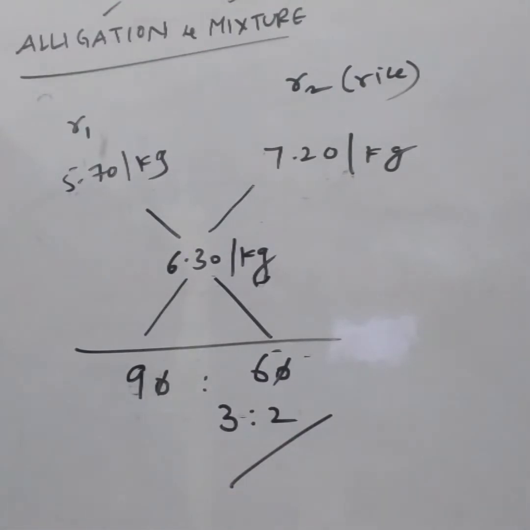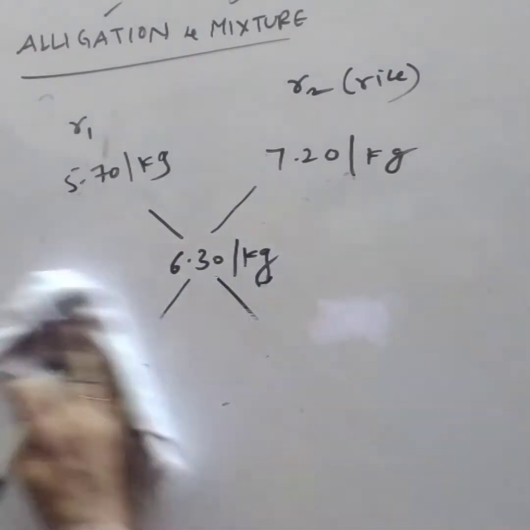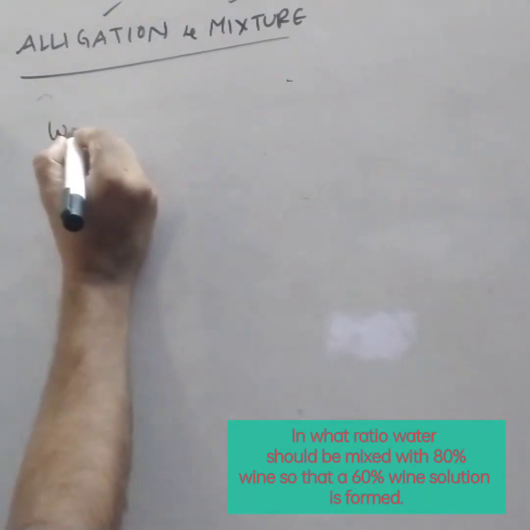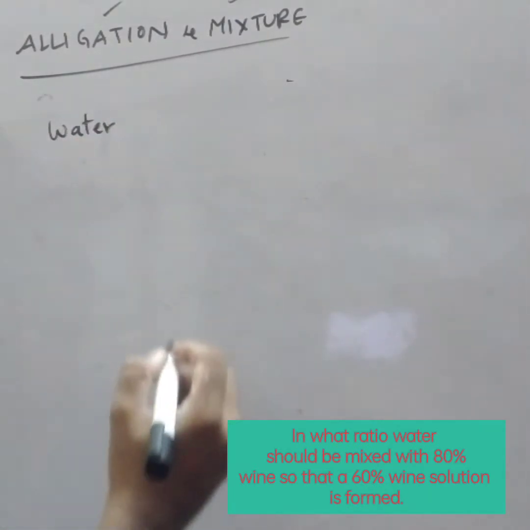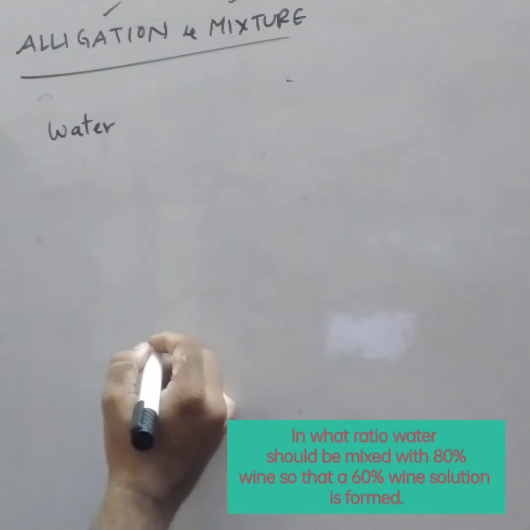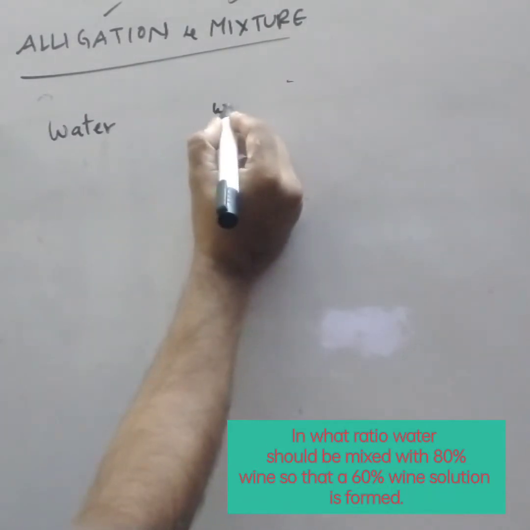Let me go to the next question. In what ratio should water be mixed with 80% wine so that a 60% wine solution is formed? In what ratio must water be mixed with wine?